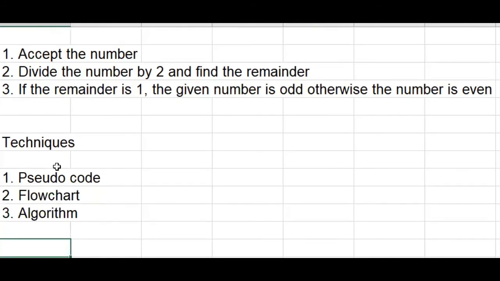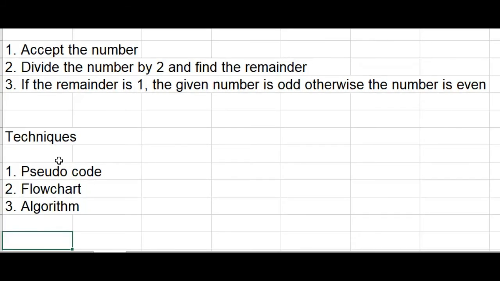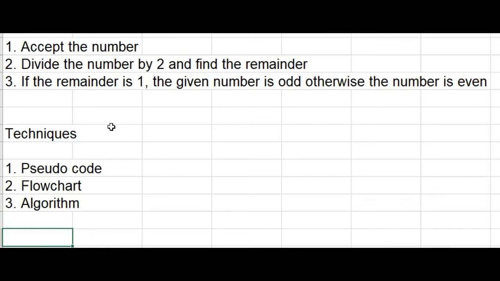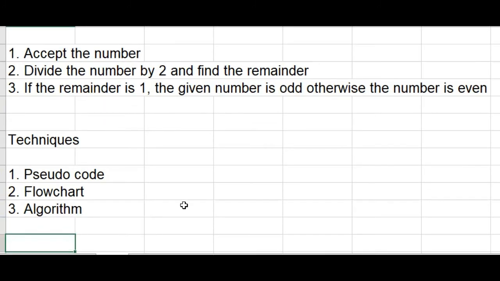These are three techniques that can be used, and the three steps for finding whether a number is even or odd are known as pseudocode. Then what does this word mean? Pseudo means fake or simulated. We should consider the second meaning as it is more appropriate in our context. So this is simulated.